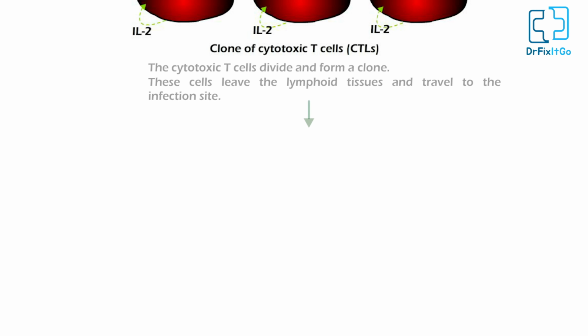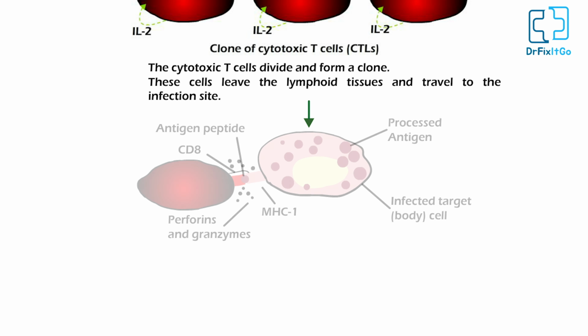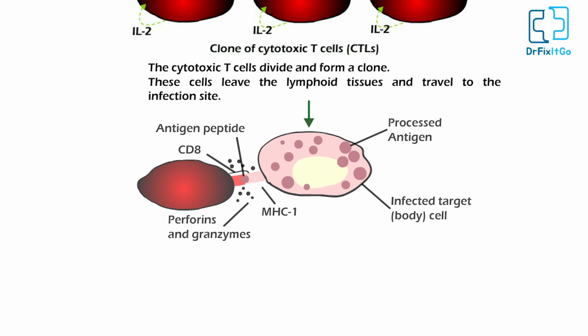The cytotoxic T cells leave the lymphoid tissue and enter the lymph and blood vessels. They circulate until they come upon their target cells, the infected cells displaying MHC1 on their surface. The CTL binds to the MHC1 or peptide on the virus-infected cell surface and releases a number of active substances. Toxic protein called perforin inserts into the membrane of the infected cell, forming cylindrical pores in the membrane.